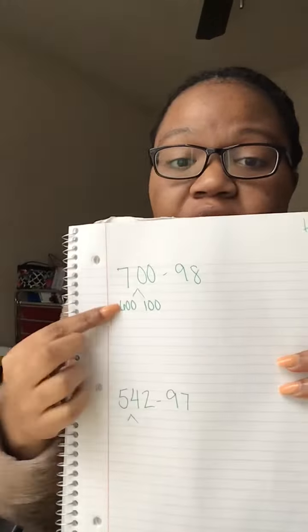Let's look at the ones place. 2 minus 0 equals 2. And then 4 minus 0 equals 4. And then we have 5 minus 1. I just gave the answer. So 5 minus 1 equals 4.